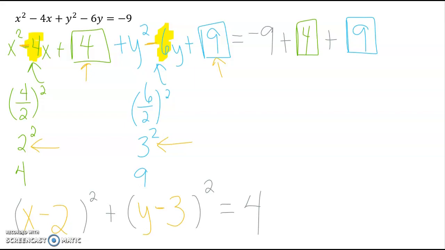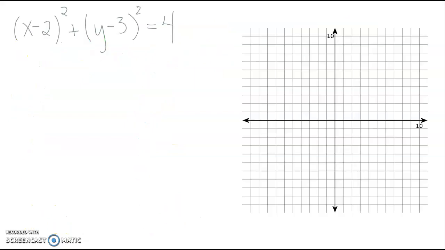Now we're going to use that equation in order to be able to graph. So I wrote our answer over here for us, x minus 2 squared plus y minus 3 squared equals 4. And the first thing we need to do is find the center of this circle. So this one is convenient because these are both minus signs.